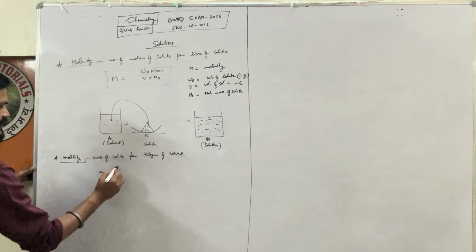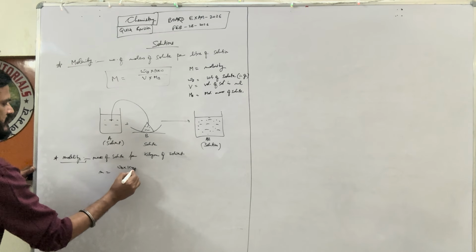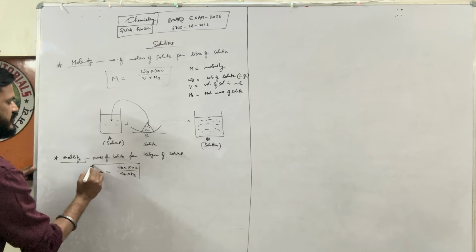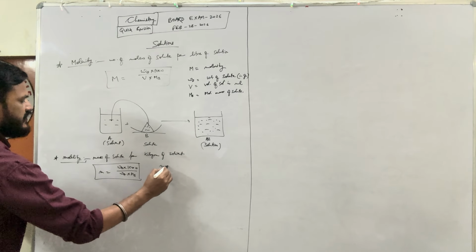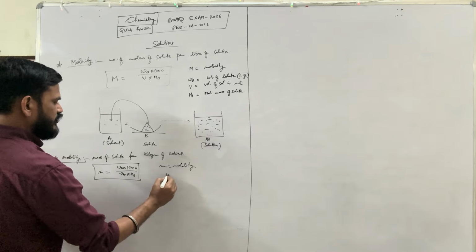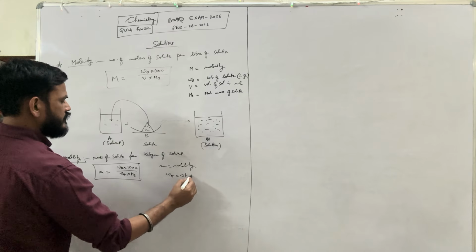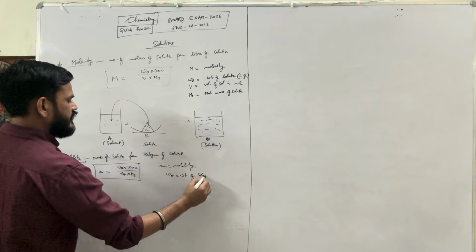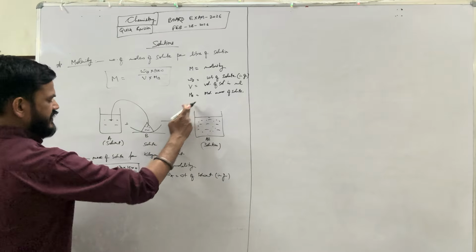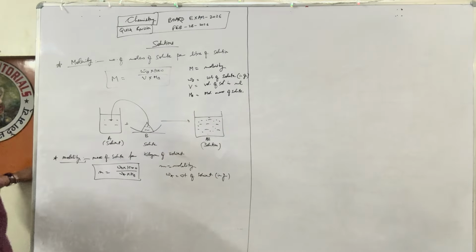That is, small m is given by WB into 1000 by WA into MB. So small m is molality, WA is weight of solvent in grams. MB is the same and WB is the same.